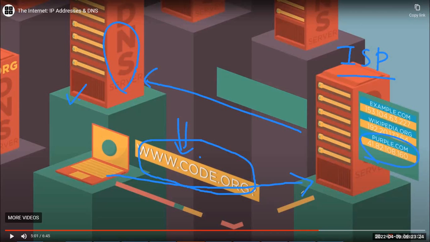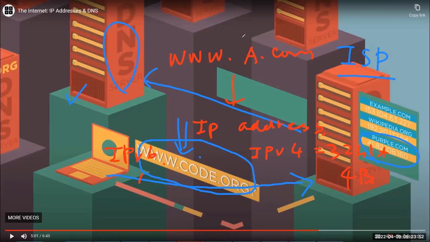So with the domain name service, you try to get a domain name, which is a translation from a website to a number, an IP address. And IP addresses have two versions: IPv4, which is 32 bits, or 4 bytes, and the newer version, IPv6, which is 128 bits.